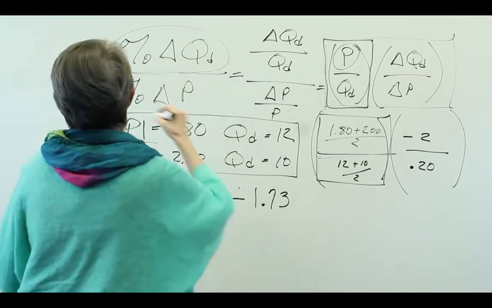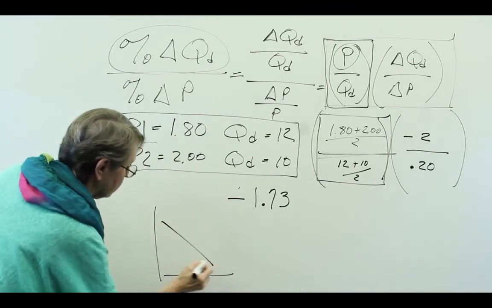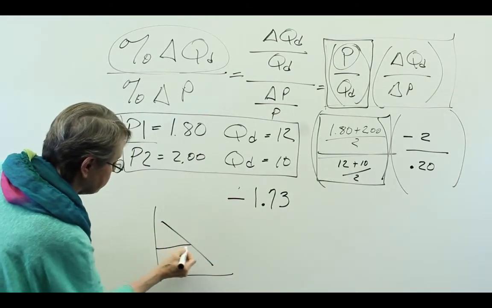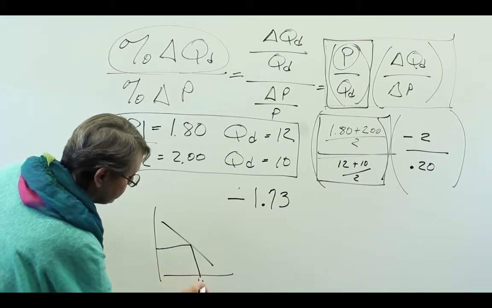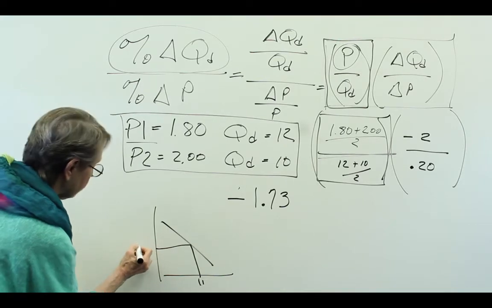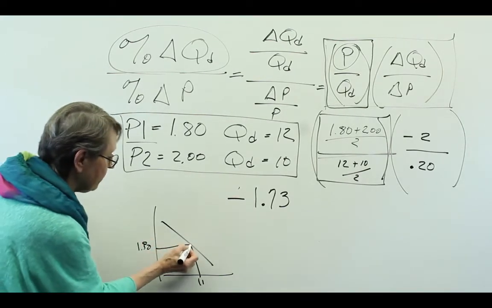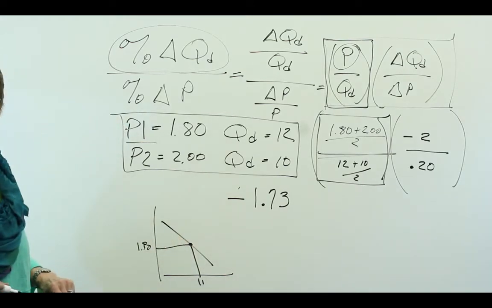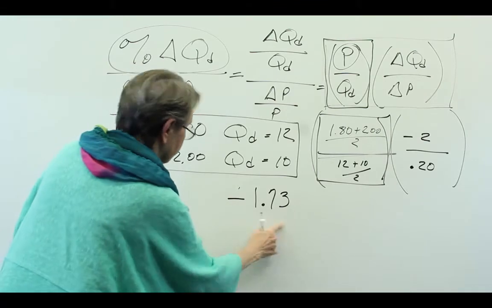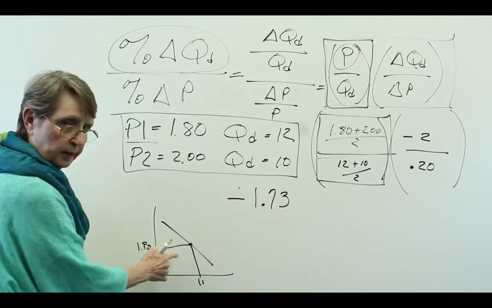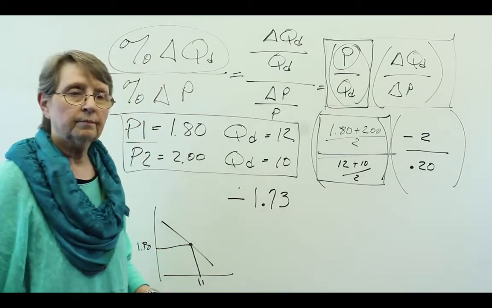So we have measured, there's my demand curve, we have actually measured price elasticity at a quantity of 11 and a price of $1.90. We've actually measured elasticity right there. And what we've come up with is that elasticity at this price and output combination is minus 1.73.